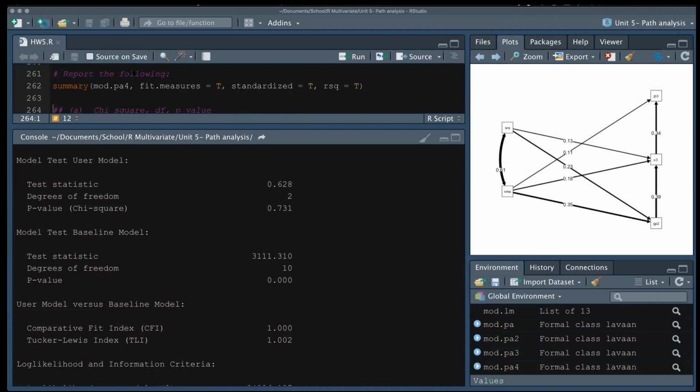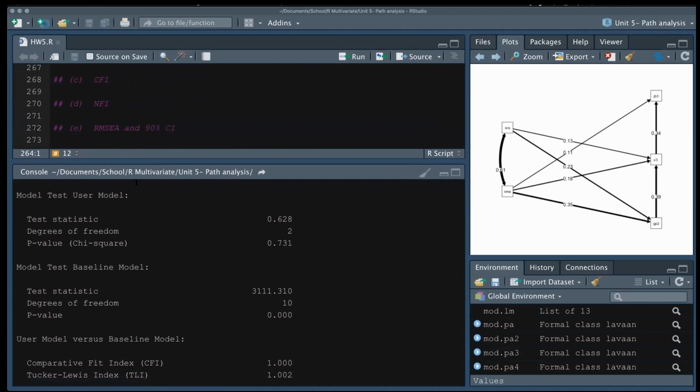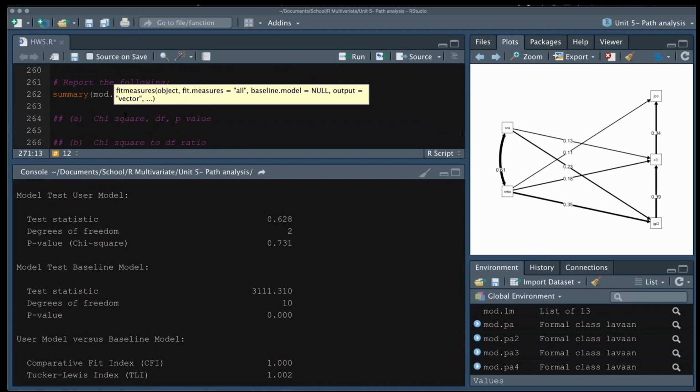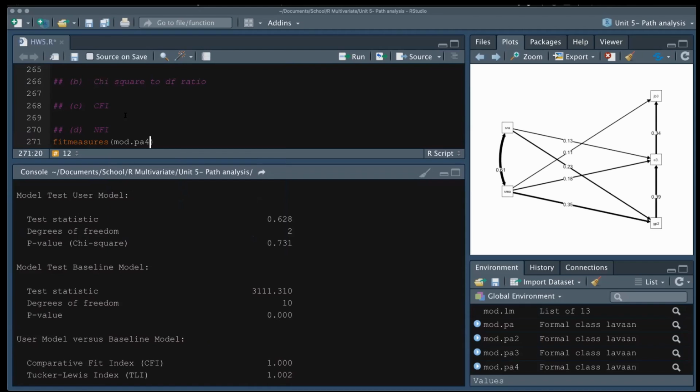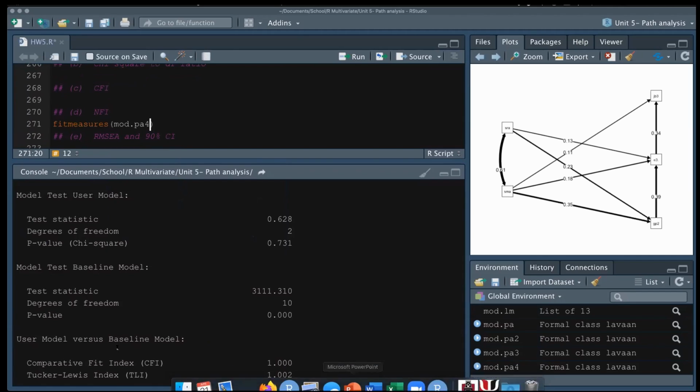But of course, we post hoc messed with this model, so it's not a surprise that it comports with the data. But yes, non-significant chi-square is really good. You have to hand calculate your chi-square to degrees of freedom ratio. So you would be dividing 0.628 by 2, which is really under 2 or 3. Casey, you said it's close to 2 or 3, but it's actually close to 0.3, not to 3. So it fits well from that ratio perspective.